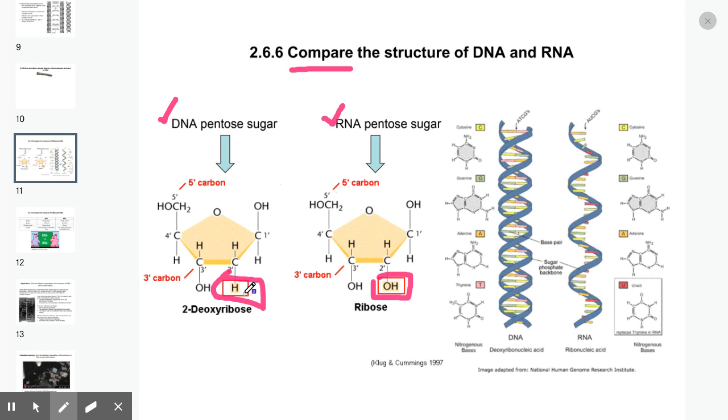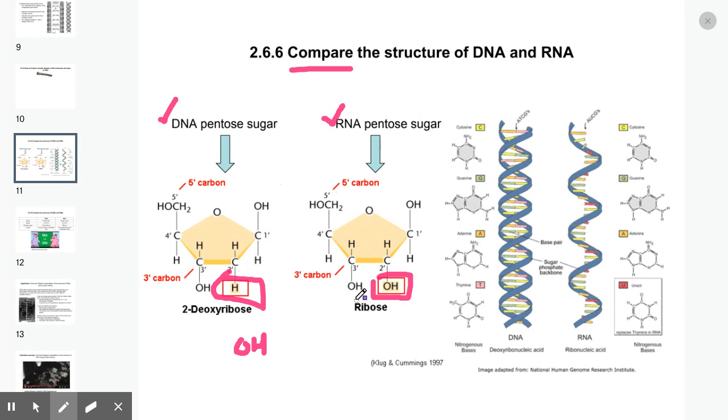Because the hydroxyl group, hydroxyl is our OH, is missing and replaced with a hydrogen, it's called deoxyribose. Whereas this ribose, which is the ribose that we studied in carbohydrates, has that hydroxyl group there. So that's one difference.